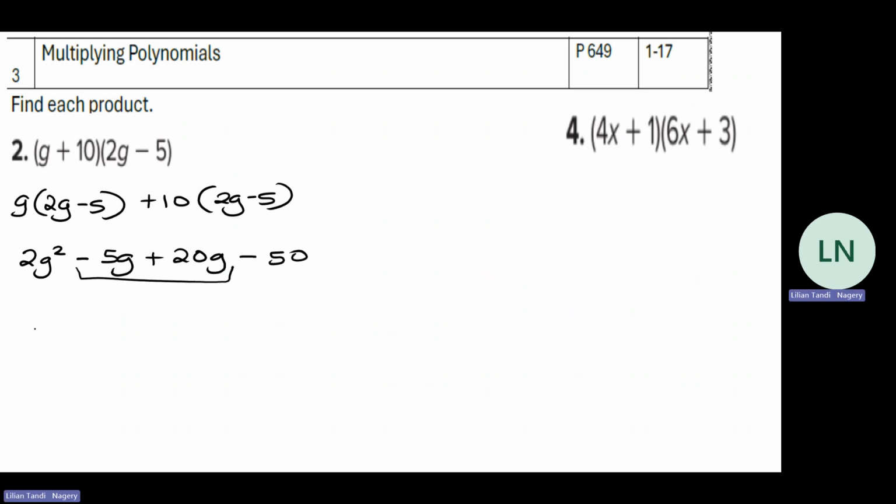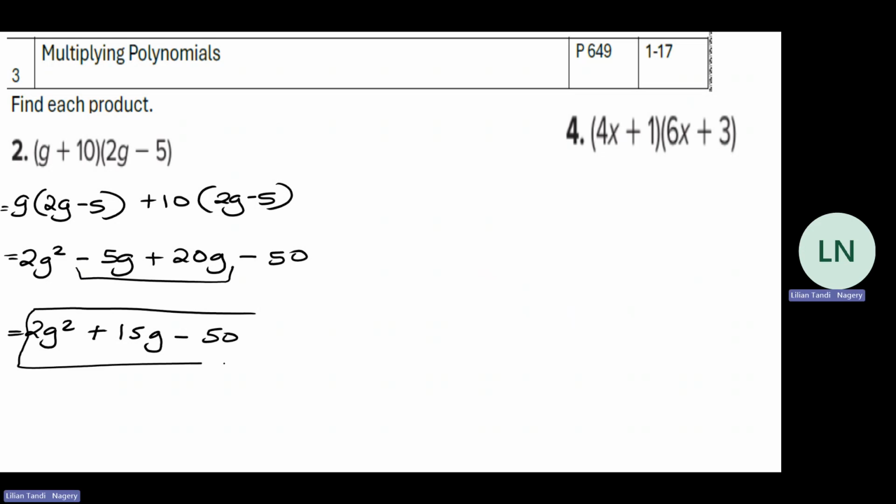These are like terms. So you have 2G squared plus 15G minus 50. And that goes away. Okay.